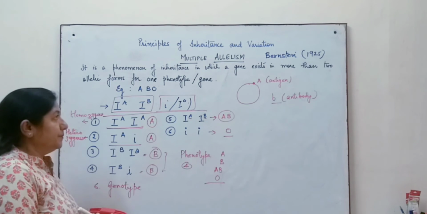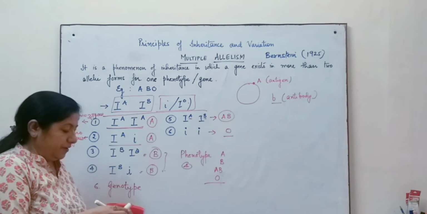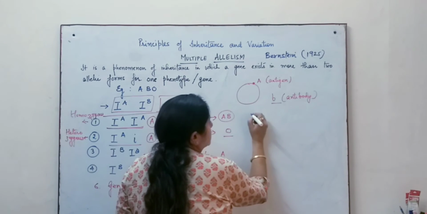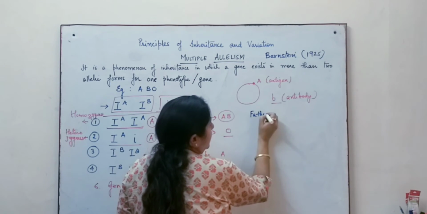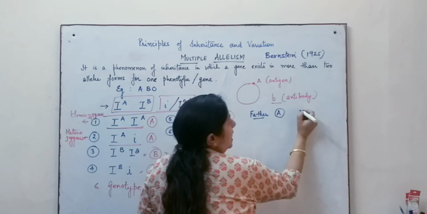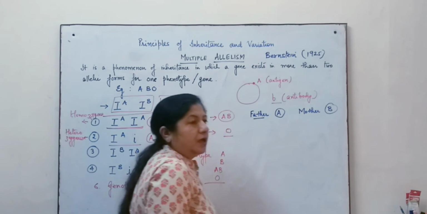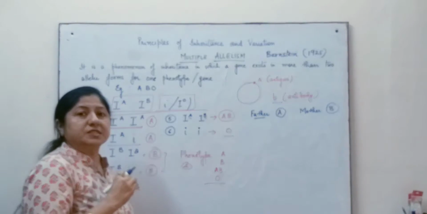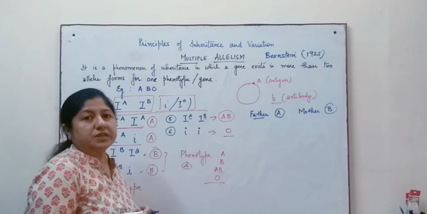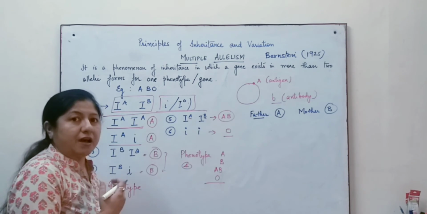So multiple allelism is another deviation from Mendelism. Now let us understand this in a better way with an example. Suppose the father has blood group A, whereas the mother has blood group B. If it is not specified clearly that the genotype is homozygous, we normally consider it as heterozygous for our calculations.